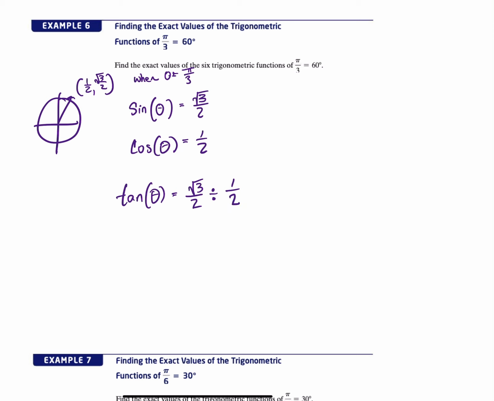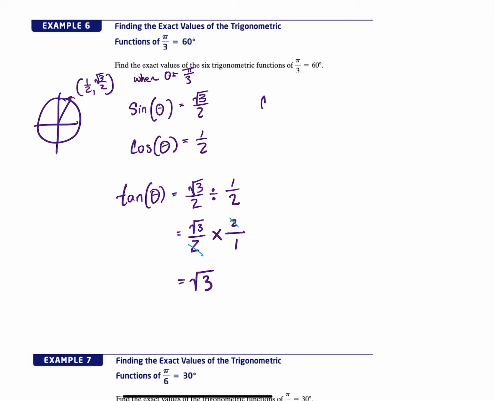So we'll see that we're doing a division of two fractions. When I do that, I'll keep the first one, change division to multiplication, and then flip the second fraction. And then notice these 2's will cancel. So we'll just get the square root of 3. So that's the tangent of pi over 3.